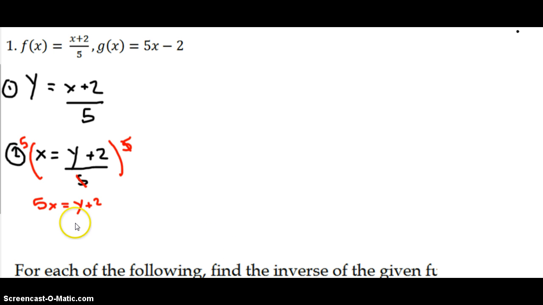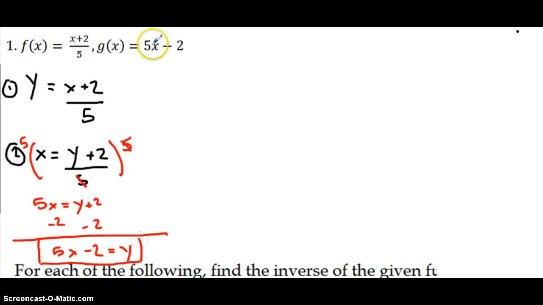We subtract our 2 from both sides to solve for y. And we get 5x minus 2 is equal to y. Well, that's our inverse function. And so let's look. Is this the same thing? Yeah, that is the inverse function, it's the same. So yes, these are inverses.